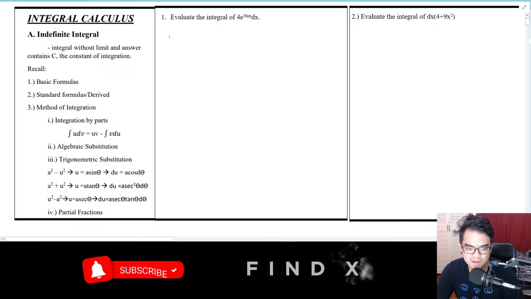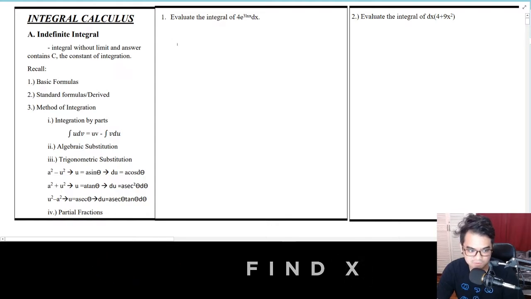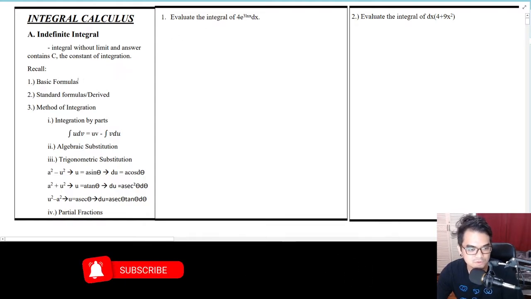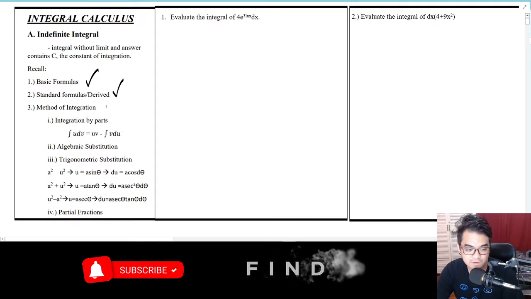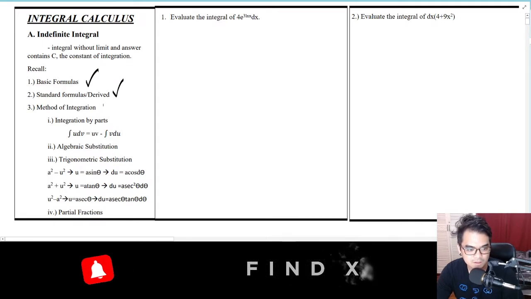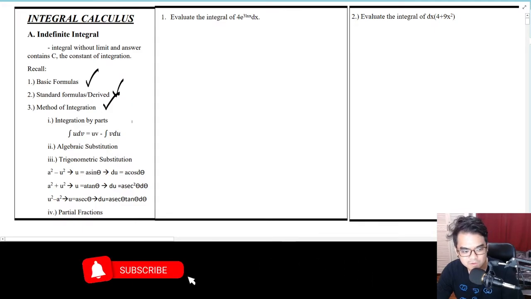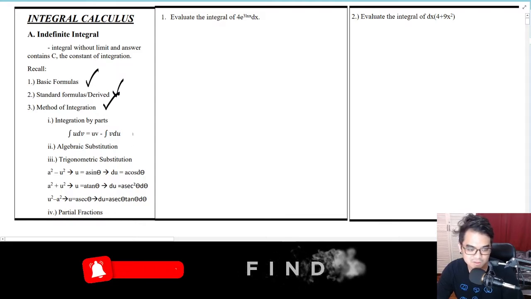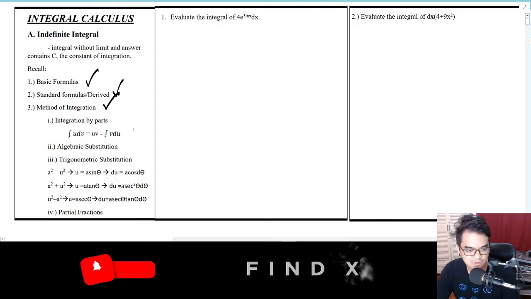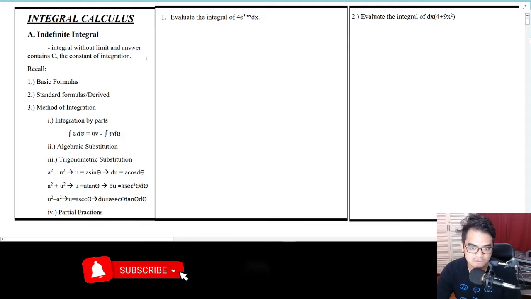The first is the basic formulas, standard formulas, or derived formulas, and methods of integration, which are integration by parts, algebraic substitution, trigonometric substitution, and partial fraction. I think there are more techniques, but these are most of the ways that you can solve the indefinite integral.